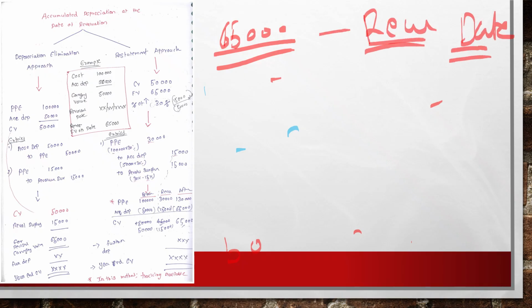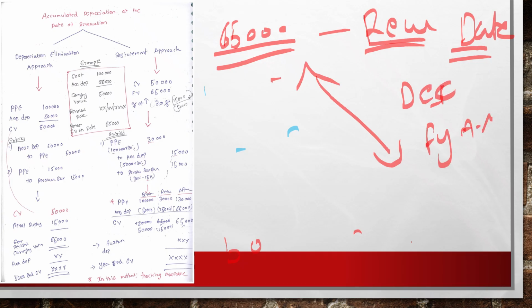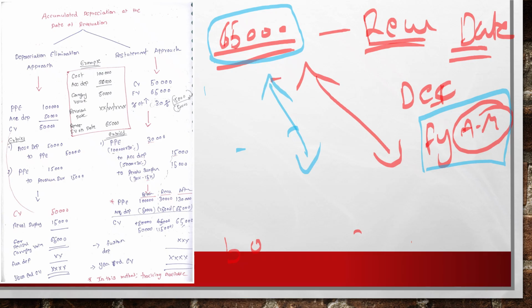Okay, if any balance period is available in this particular revaluation year, say suppose you revalued in the month of December, so in your following financial year April to March, in this particular period, if you calculate any depreciation for this balance 3 months from Jan to March, say suppose that is 2,000 depreciation value.